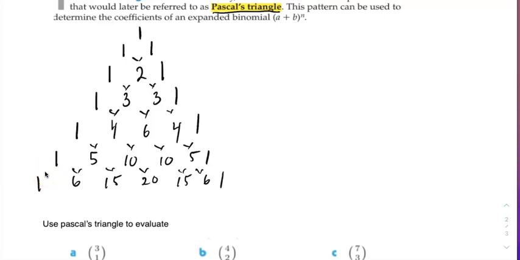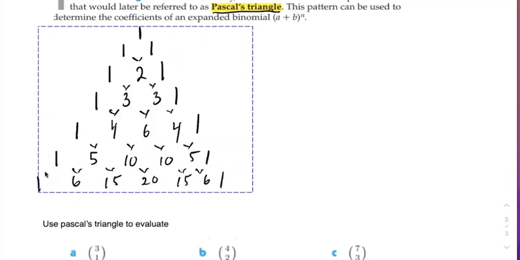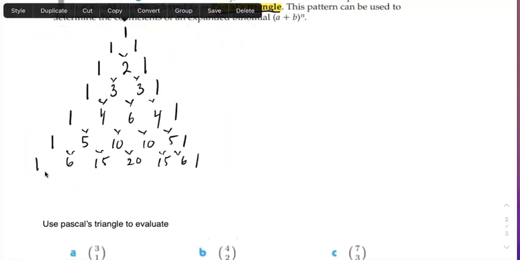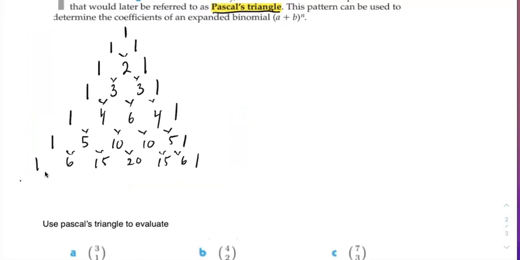Actually, I want a little bit more space, so let's make this a little bit smaller. There we go. So 1, 7, 21, 35, 35, 21, 7, and 1. I got a little sloppy at the end, but that's how you build a Pascal's triangle. And you keep on going for as long as you want.